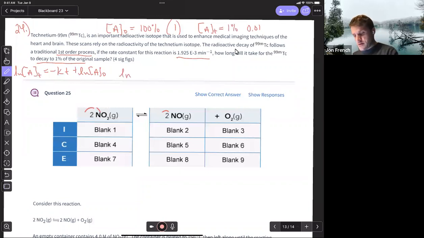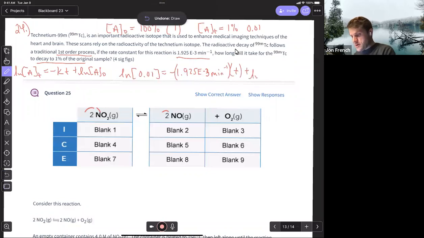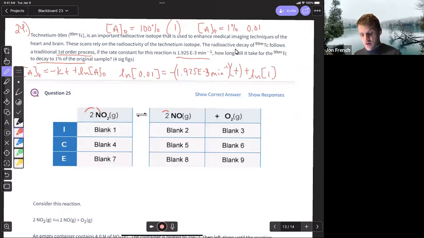Natural log of 0.01 equals negative rate constant 1.925 e to the negative 3 inverse minutes, my time is in minutes, times t, plus the natural log of 1. The nice thing about this is the natural log of 1 is 0.